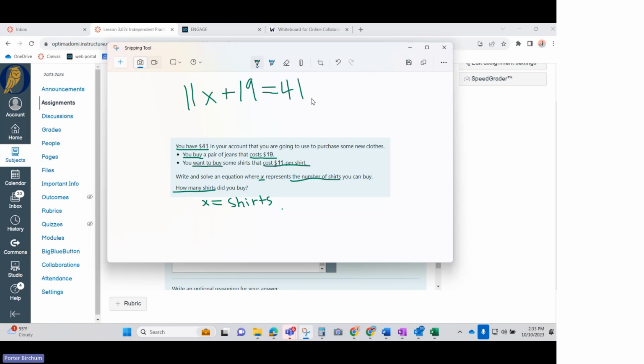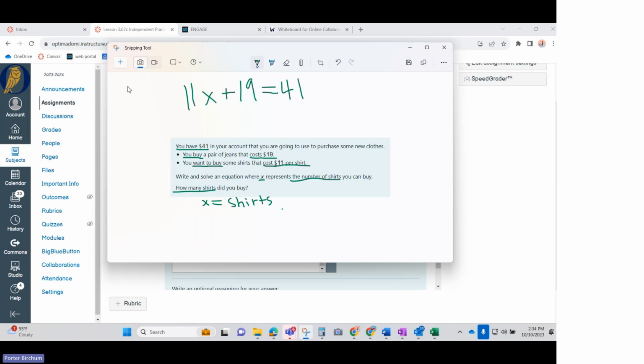So I think that would be on my equal sign right here. So I'm spending all the money I have in my account. That's shirt money and jeans money. So I'm going to plus them. That's how I know it's a plus, because I'm spending both amounts, the shirt amount and the jeans amount.